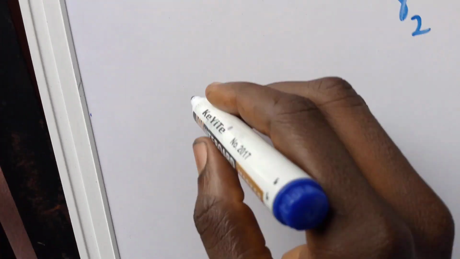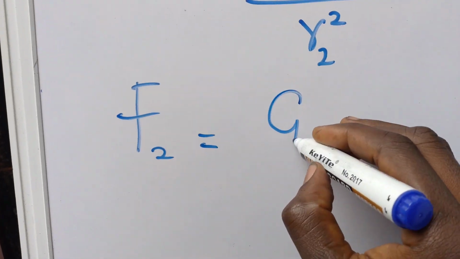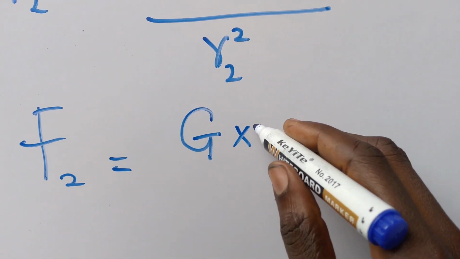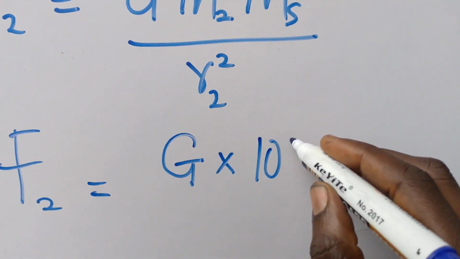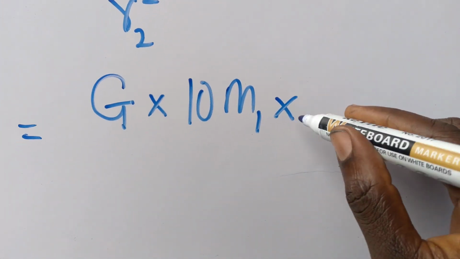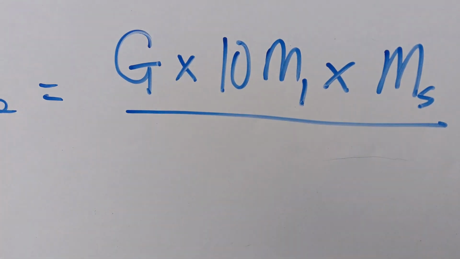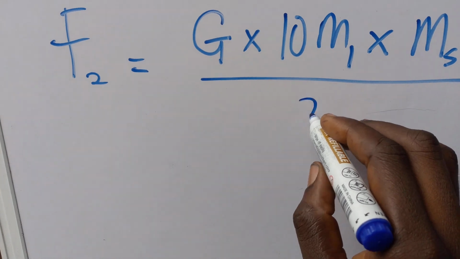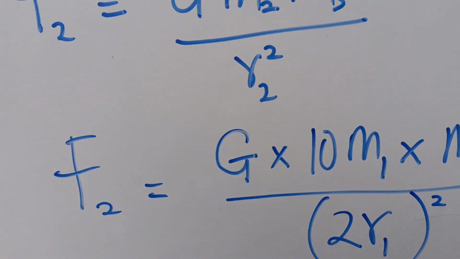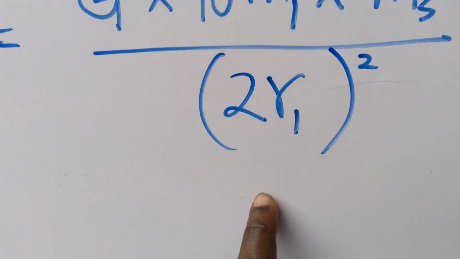F2 equals G times M2, which is 10 M1, times MS over R2, which is 2 R1, all raised to power 2.